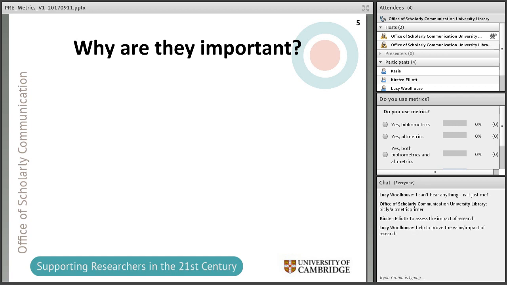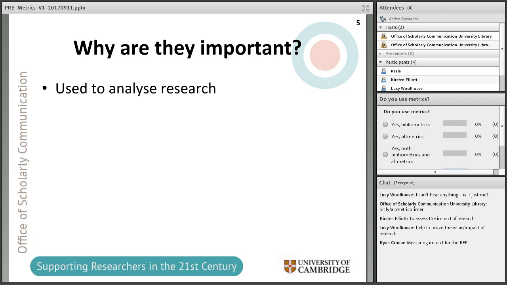So to assess the impact of research, yeah, I agree with that one. Help improve the value and impact of research, yeah. Okay, so we're getting lots of measuring impact for the REF, and I definitely agree with that. So they're generally used to analyse research and judge the quality of research. So that's the REF angle of it.